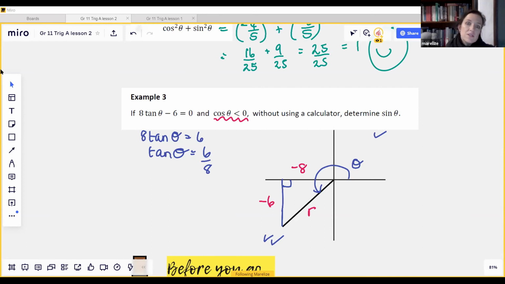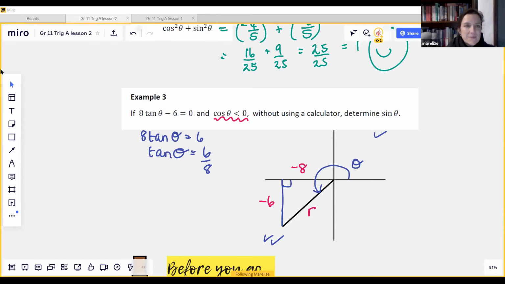In the first quadrant, cos is also positive. Does that help, Adam? Okay, cool. Right. So are we on my sides right now? Have I got it right? -6 and -8. Okay, I think they're right. I hope so. No, they are.